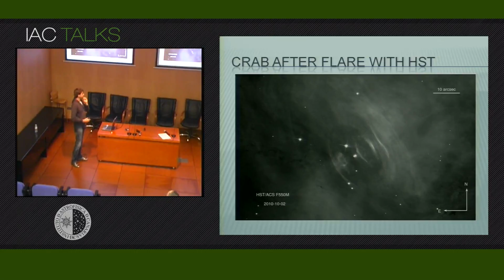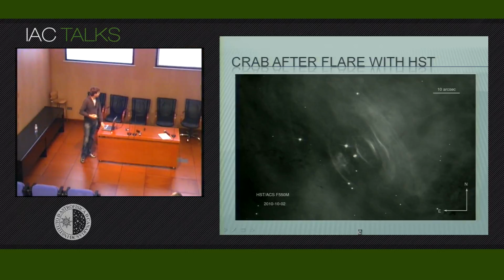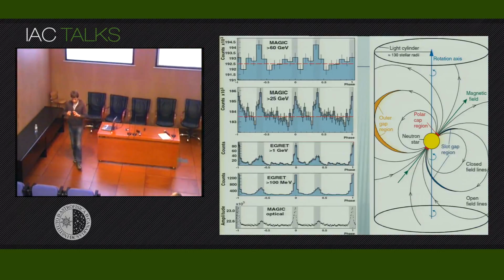Okay, I was talking about the pulsar wind detected in the Cherenkov telescopes, but also the pulsar itself, the pulsed emission, has been detected, and that was a very important result because you can see here, MAGIC also has one optical pixel in the center and is able to detect the optical emission from the pulsar, and you can see from the graph very nicely the pulsed emission in optical here down.